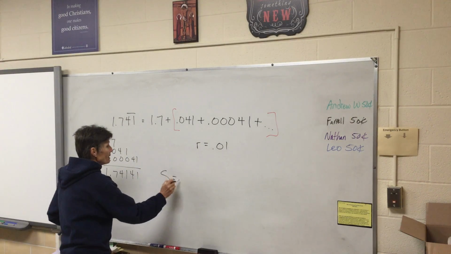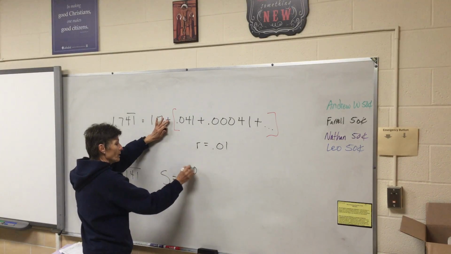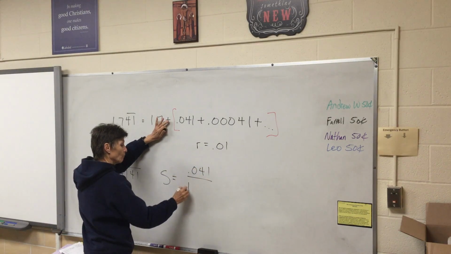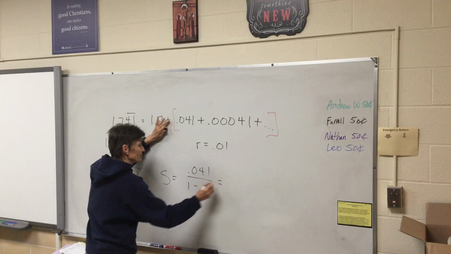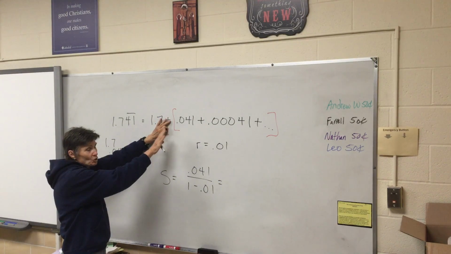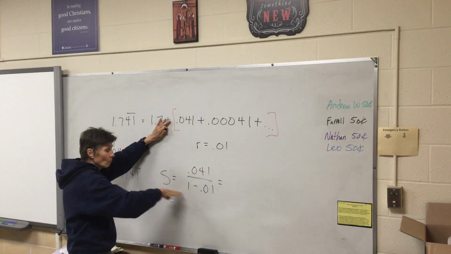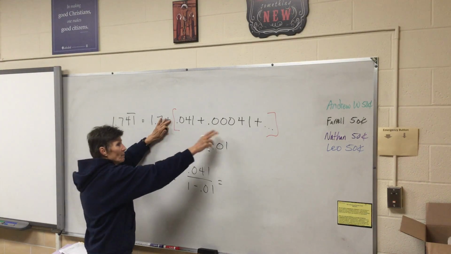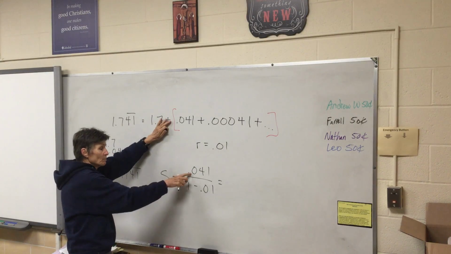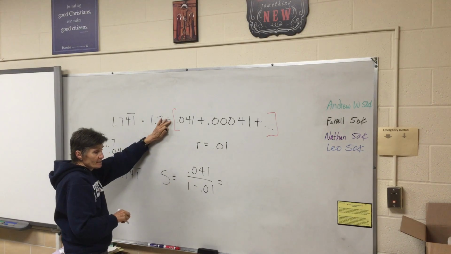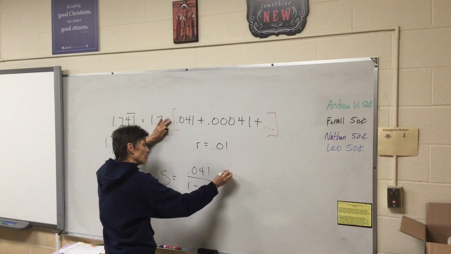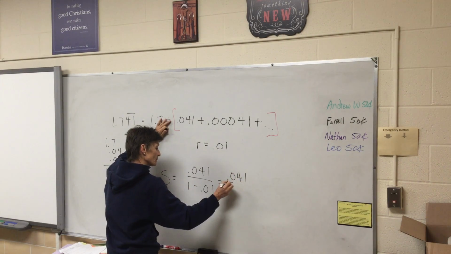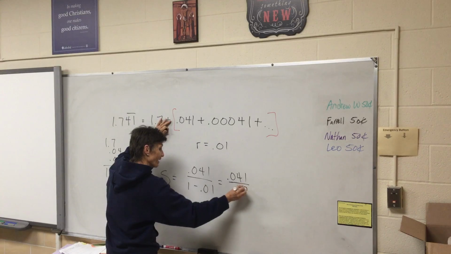So the sum in the brackets will be 0.041 over 1 minus 0.01. My first term that I'm actually adding, this is the formula for the actual sequence. So that's the repeating part. So it's 0.041 over 1 minus 0.01. So that's 0.041 over 0.99.